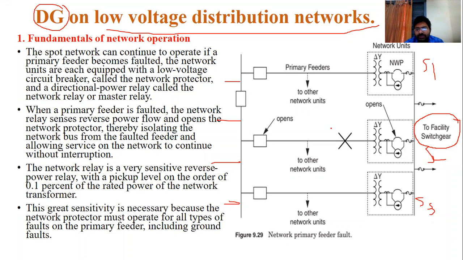Suppose out of these three feeders, feeder 1, feeder 2 and feeder 3, there is a fault in feeder 2. Are the customers experiencing any power interruption? No. The remaining two feeders, feeder 1 and feeder 3, will continue to supply.